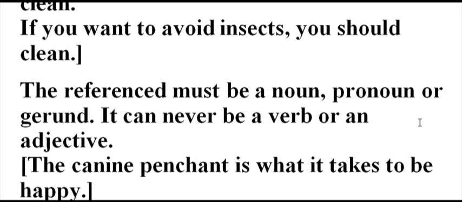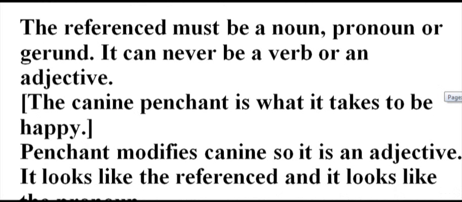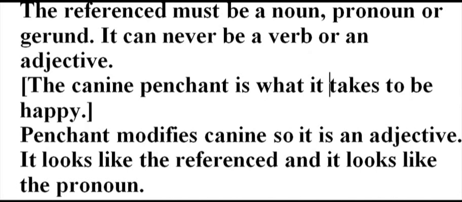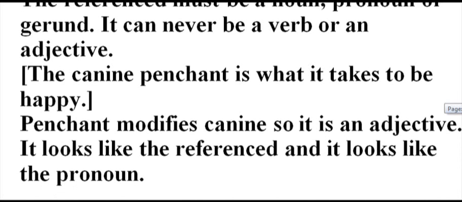It is the pronoun. The canine penchant is an adjective because we're describing something. It's not a noun, it's not a pronoun, it's not a gerund. Therefore, this is incorrect. Penchant modifies canine, so it is an adjective. It looks like the referenced and it looks like the pronoun. That's why that's incorrect.